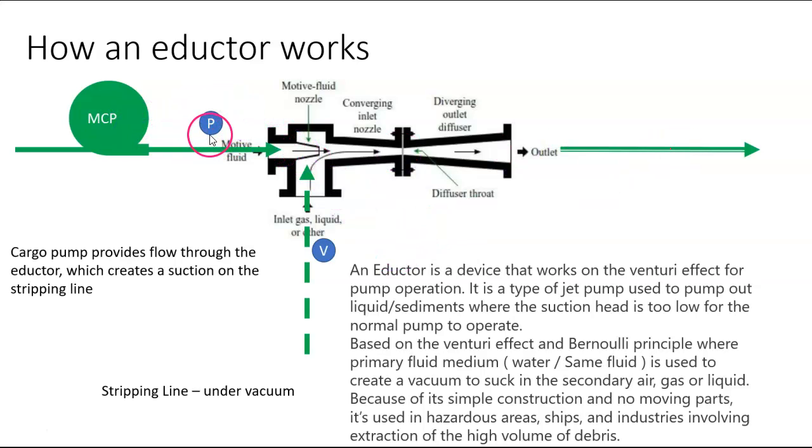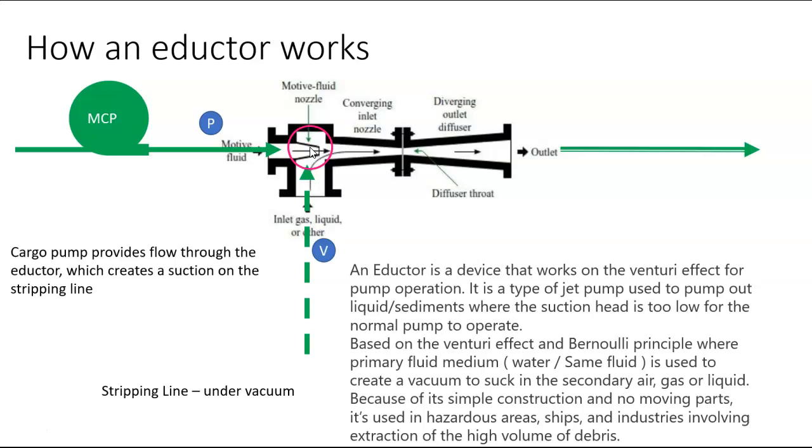By the way, you're going to have a pressure gauge on this side of the eductor, because there's going to be a pressure increase as we start to squeeze it down. And the vacuum will be on the suction side of the eductor. On the stripping line, when it's coming in, we want to see that it's creating a vacuum. On most ships, you will have a pressure gauge on both sides of the eductor.